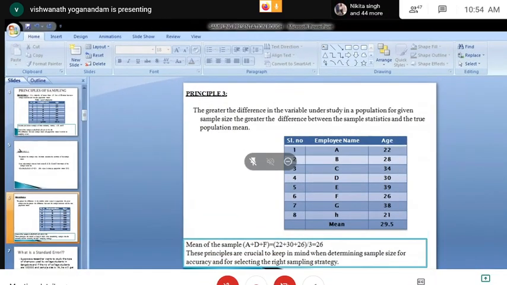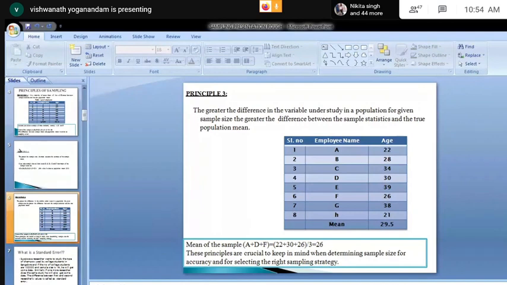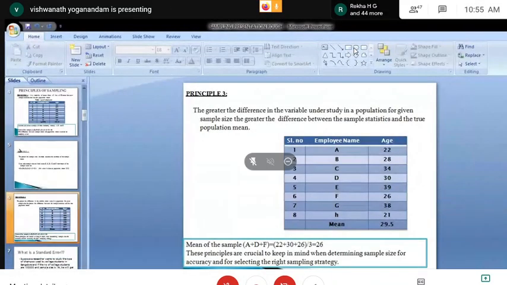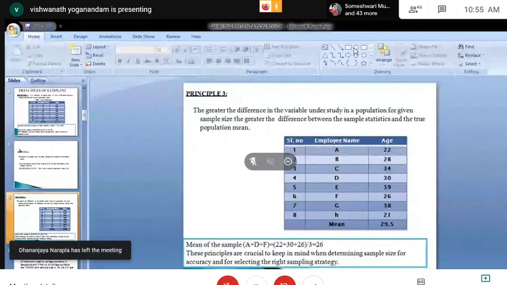And if you take the same kind of sample, A, D, F, you will be getting the mean of the sample as 26. What it means is, for the variable you are analyzing, if the difference in the variables is sharp, I mean, if it is more, then the greater the difference in the variable under study in a population for a given sample size, the greater the difference between the sample statistics and true population.